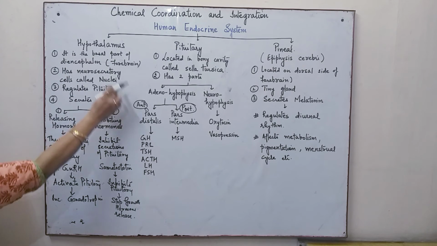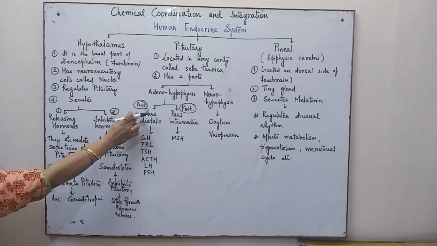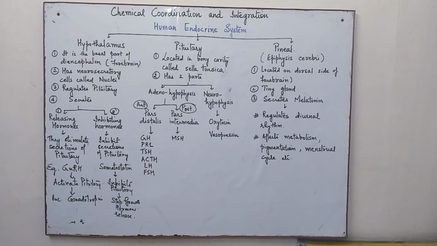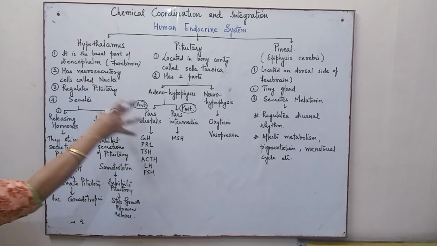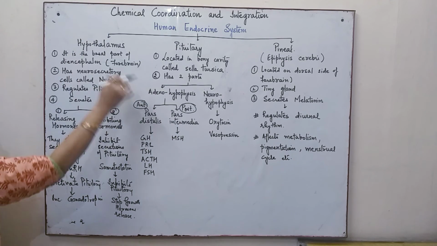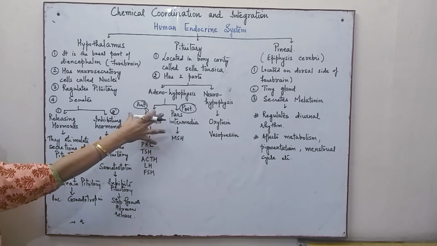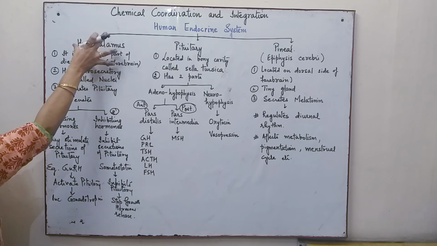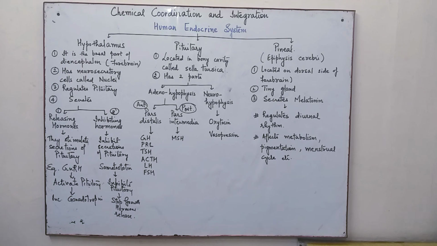So hypothalamus is regulating the activity of pars distalis, whereas the posterior pituitary is directly under the neural control by hypothalamus. So both the parts of the pituitary gland are regulated, or the function of the pituitary gland is finally controlled by the hypothalamus.